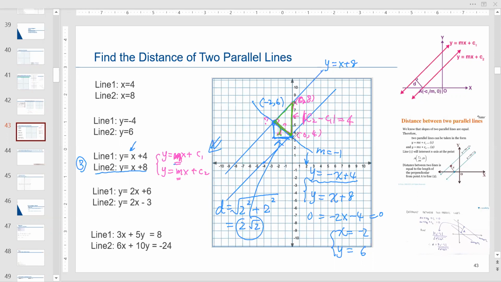Go back to this one right now. You can see another triangle here. What's the specialty of these two triangles? What do you find out?